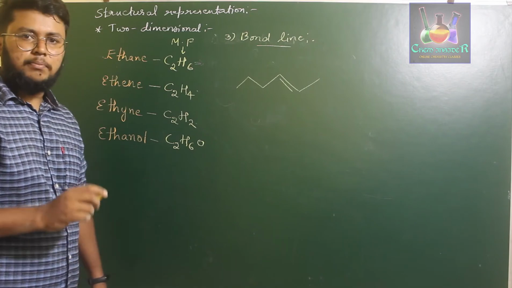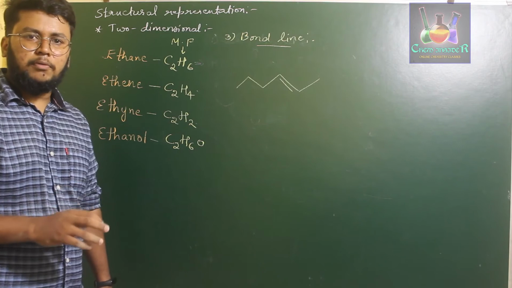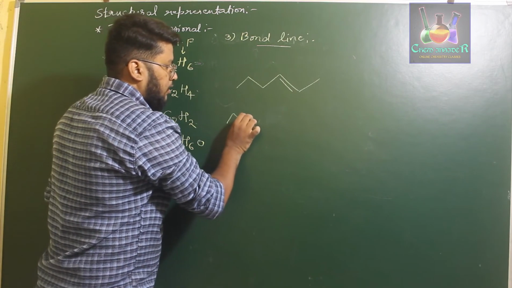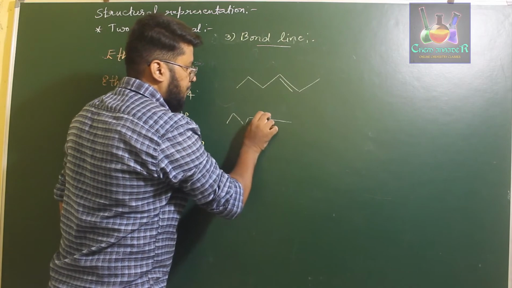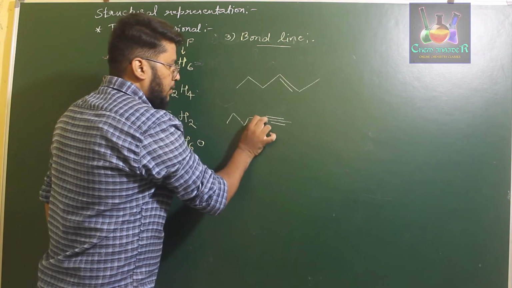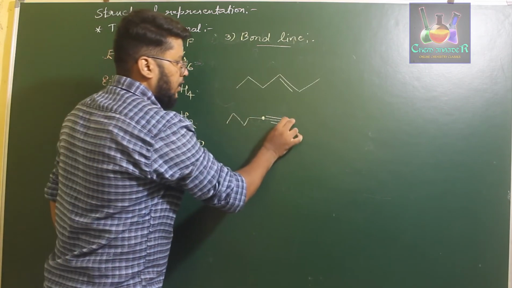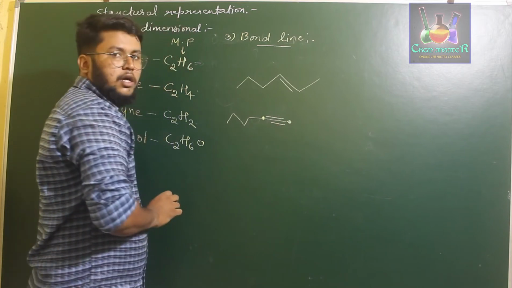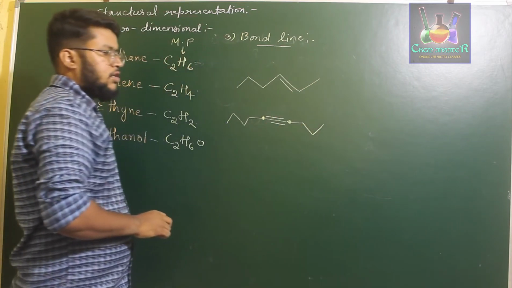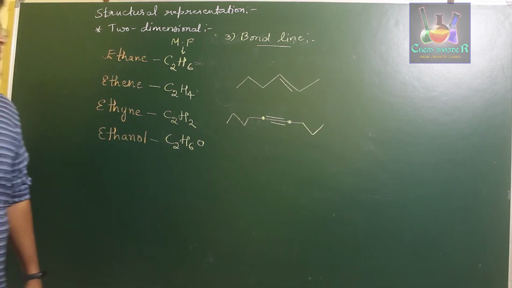If you are writing the structure of an organic compound with a triple bond, it should be written in a straight line, not bent. So it is written with one dot at the position of a carbon atom, indicating that dot as a carbon atom present there, and later you can continue the structure. We'll do some examples, then you can understand those structures.